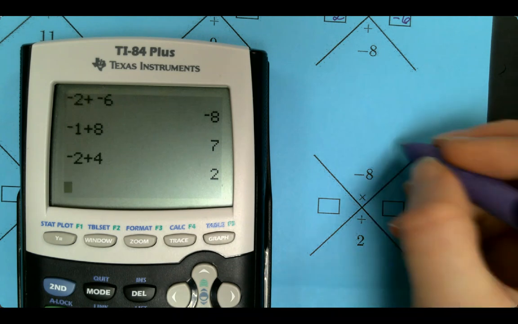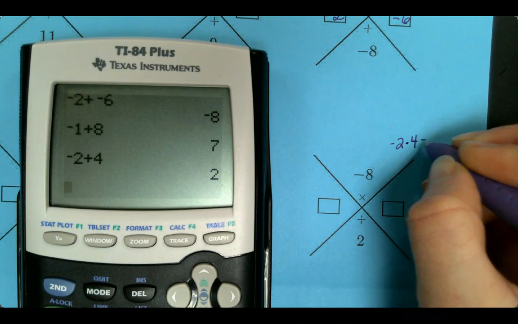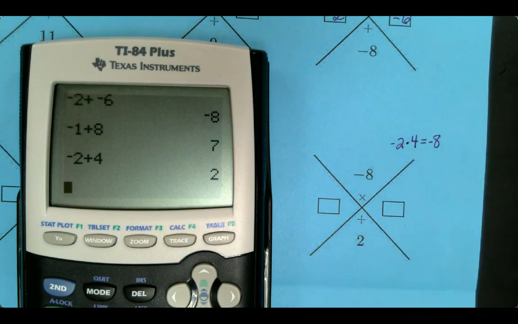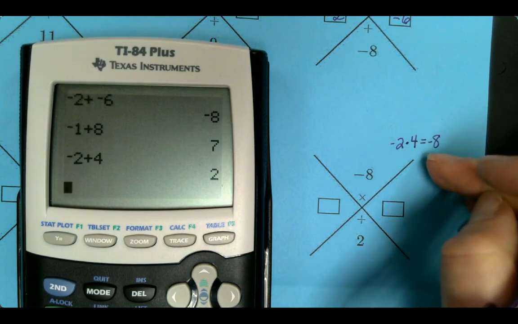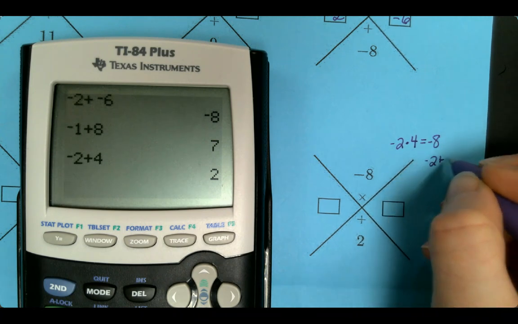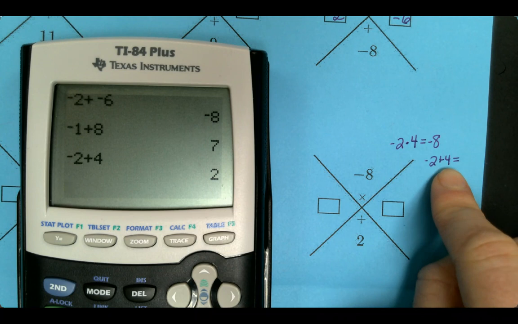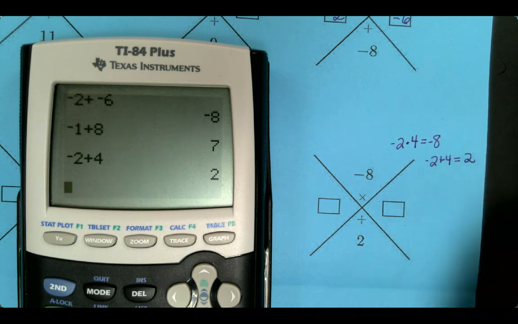That's it. So negative 2 times positive 4 is negative 8, because whenever you multiply and you're doing different signs, your answer is always negative. When you add different signs, your answer depends on which number is bigger. So our bigger number is positive, so it's a positive.